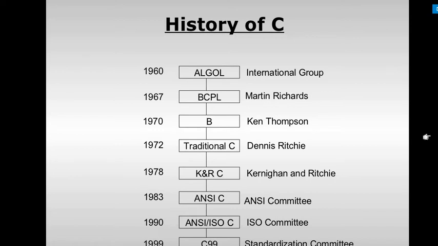In 1978 Kernighan and Ritchie introduced K&R C. Later on in 1983, the ANSI committee came forward to give the standard definition for C programming, and in 1990, the ISO committee along with ANSI gave the standardization for this. The standardization committee later on approved C99.